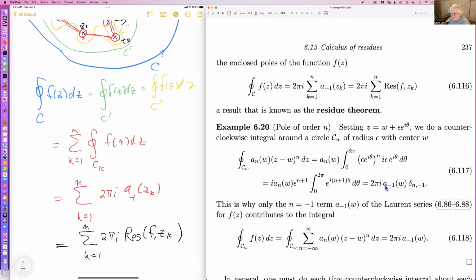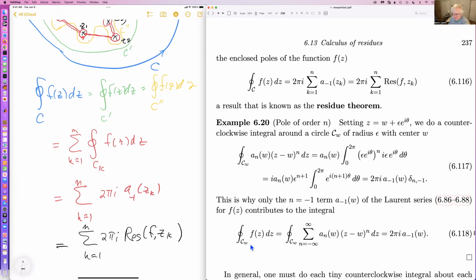This then gives us a sub minus one. We get a non-zero result only for n equal to -1. And so what we're getting here is that the integral of f of z around the thing is 2 pi I a sub -1 of w.